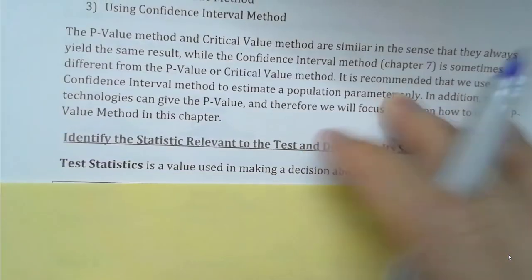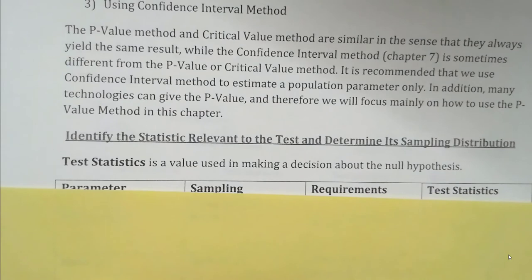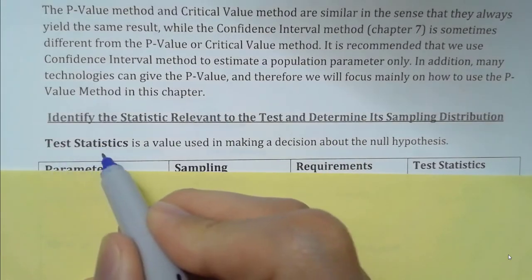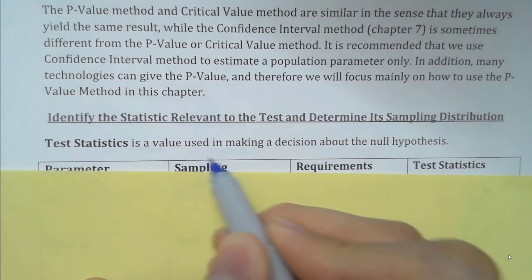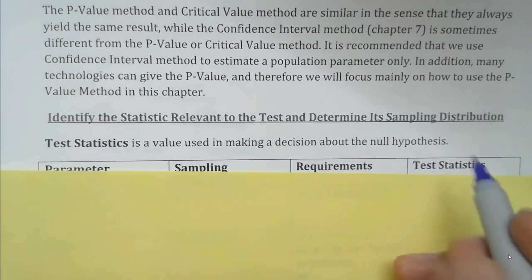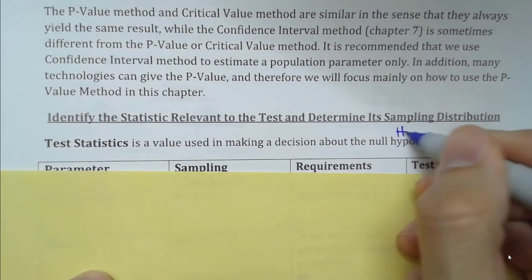Okay, the last objective is to identify the statistic relevant to the test and determine its sampling distribution. Again, the test statistic is the value used in making a decision about the null hypothesis H0.